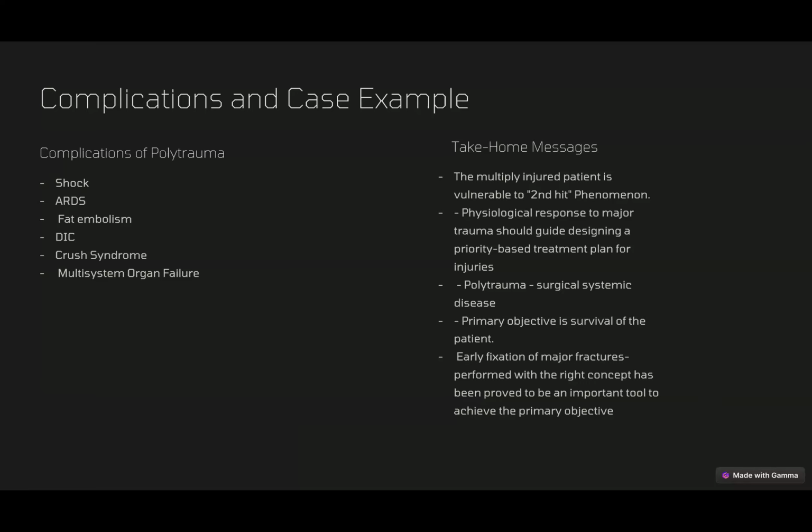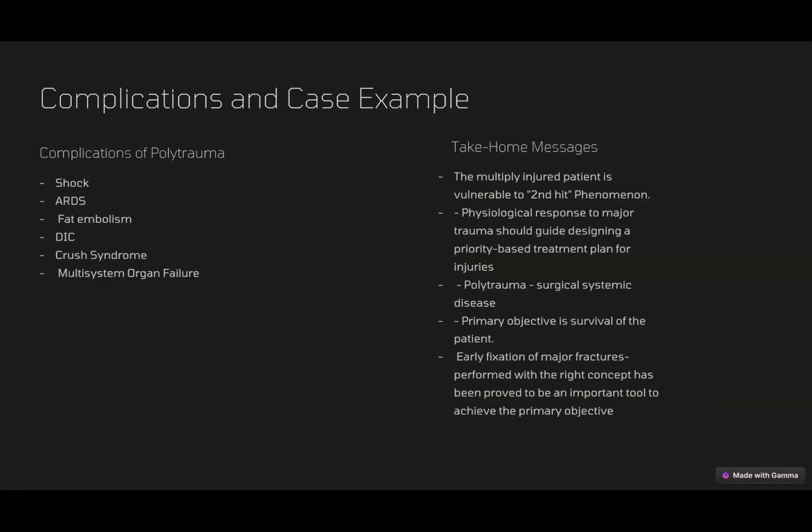Some of the complications we expect from this polytrauma patient include, the first one, shock because of the blood loss. Neurological injuries could also give them neurogenic shock. Then acute respiratory distress syndrome, I explained how that might come about.